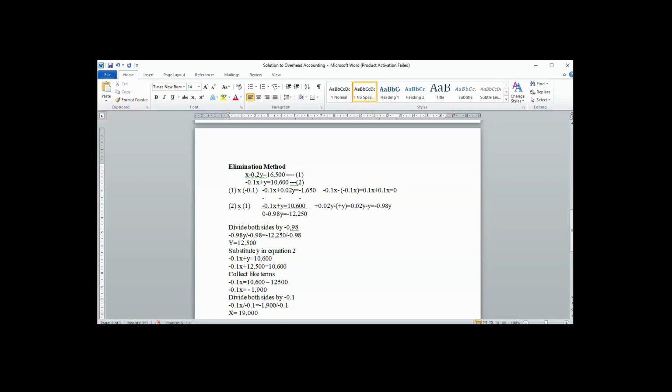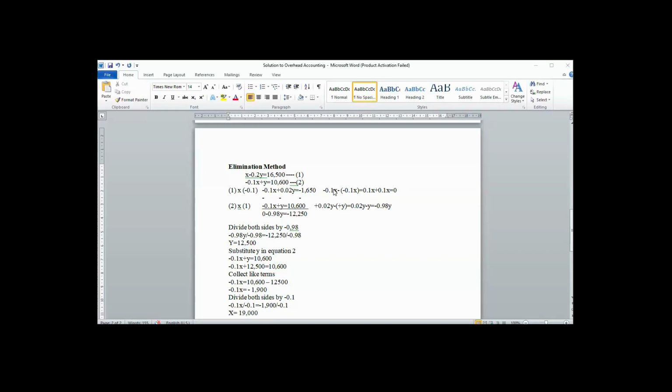I think what you have to ask yourself is what sign, either minus or plus, would you use to multiply the second equation to cancel out that x, to make x 0.